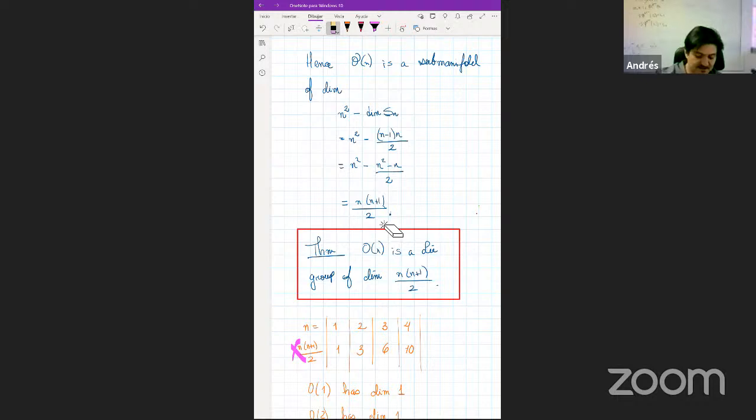Okay, first of all, let's go step by step. So this is right, because it is an open set.